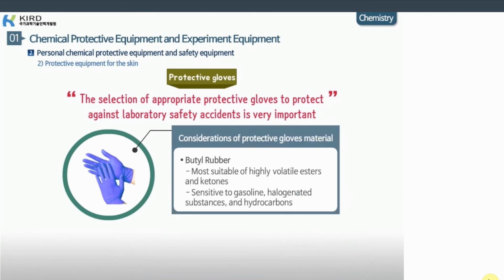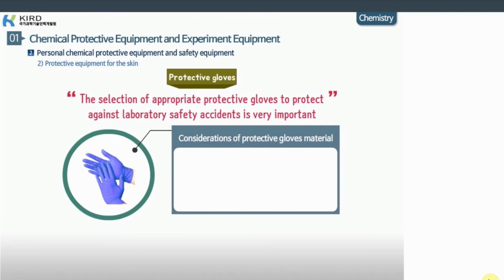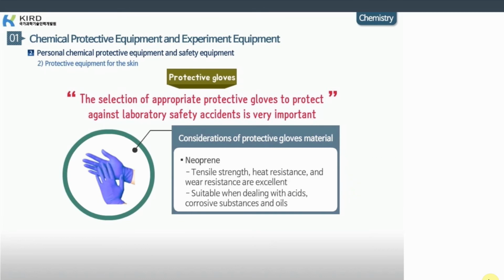These are the considerations with regard to protective glove materials. Butyl rubber is the most suitable for highly volatile esters and ketones, but is sensitive to gasoline, halogenated substances, and hydrocarbons. For neoprene, the tensile strength, heat resistance, and wear resistance are excellent and suitable when dealing with acids, corrosive substances, and oils.